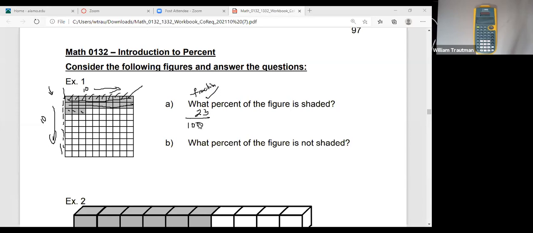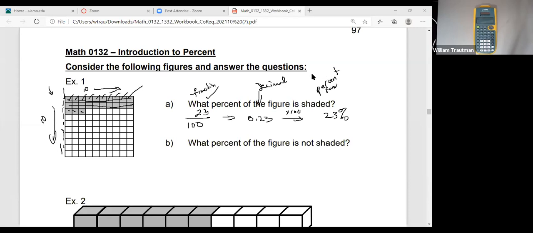If we put 23 divided by 100 in our calculator, we would get 0.23. This is the answer in decimal form. And then if we multiply this by 100, we'd get 23 and put a percent sign. This is percent form.